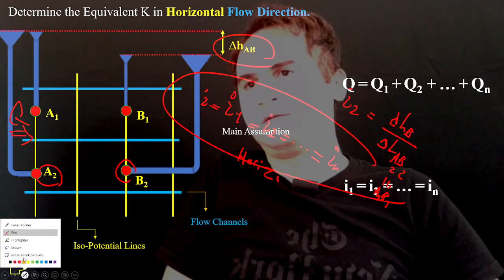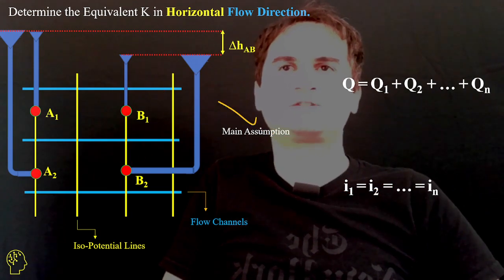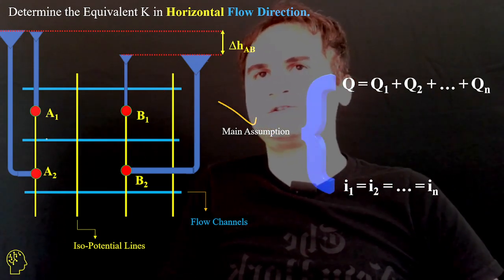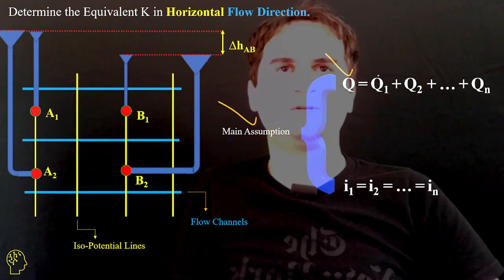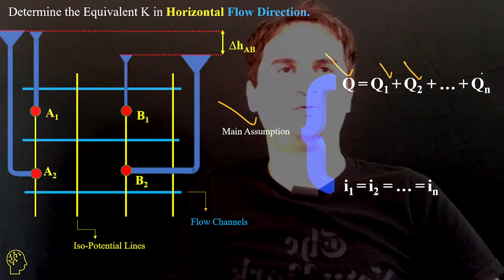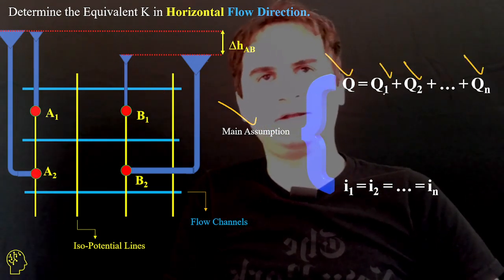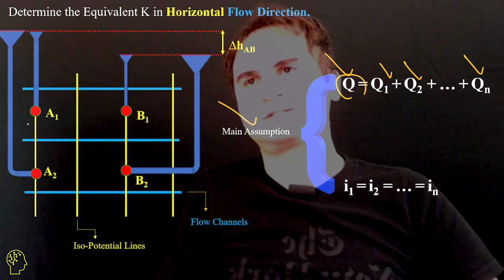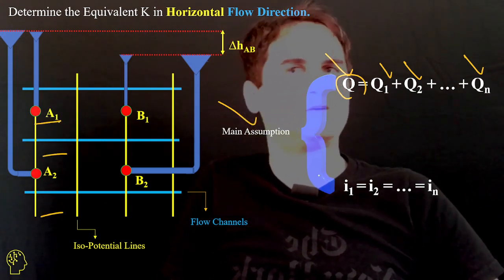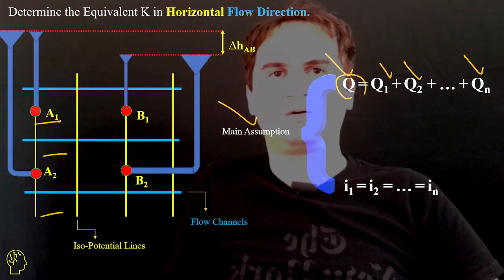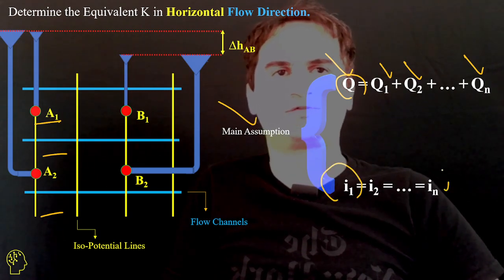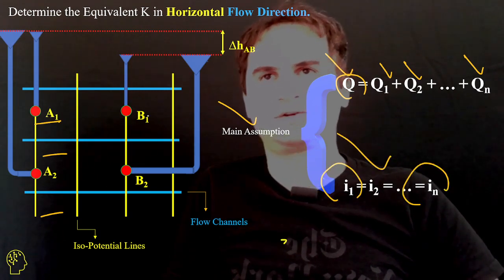If you have a horizontal flow direction, it remains the same for all layers. So again, we can say the main assumption of horizontal flow is that Q is divided into Q1, Q2 plus and so on up to Qn. The total Q is just divided in different branches of flow, and also the hydraulic gradient remains the same in all layers.